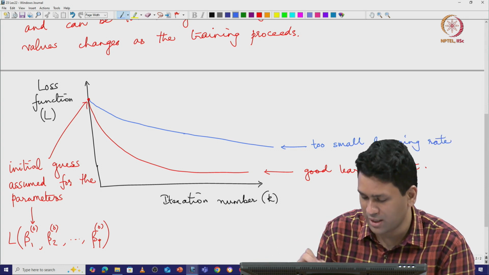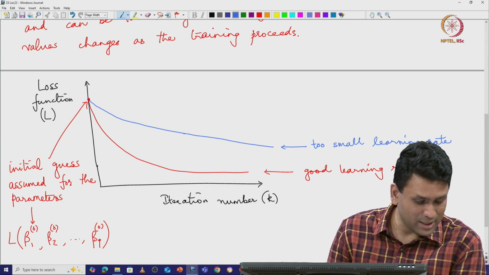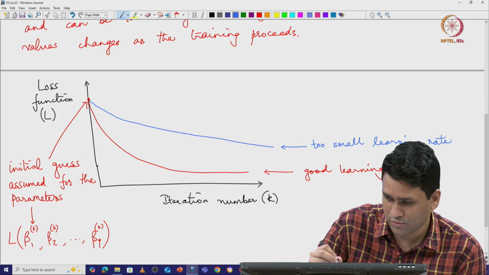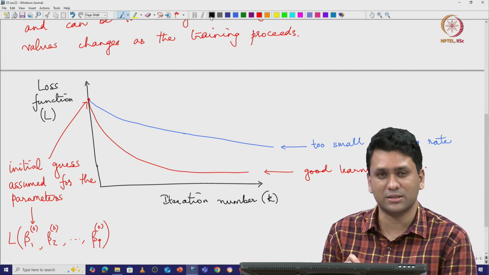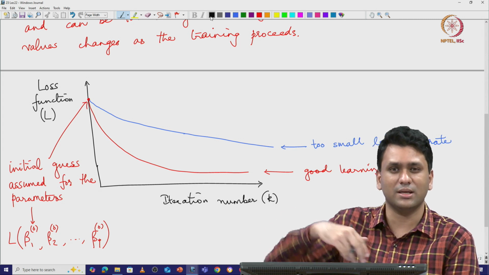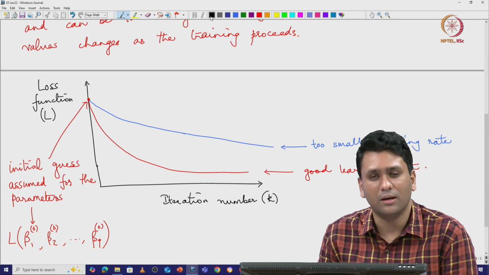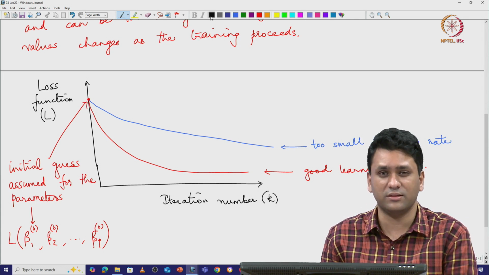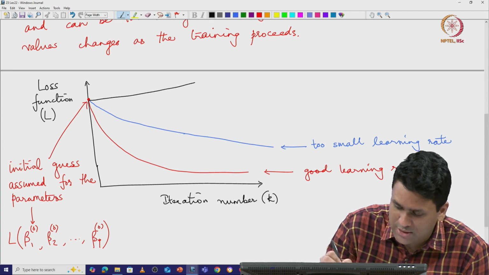So your learning rate can be good or optimal, it can be very low, or it can even be very high. For example, your model was so aggressive that instead of going in the direction where the function is decreasing, it went off in the completely opposite direction, and I will show another pictorial representation where it becomes clear why that is happening. So your loss function could actually explode.